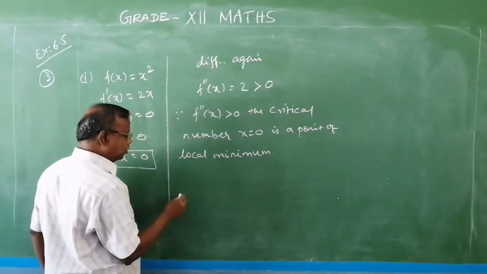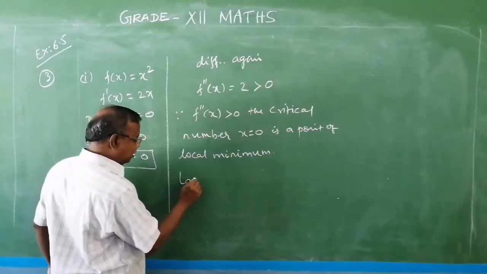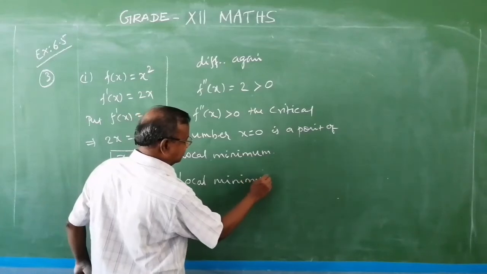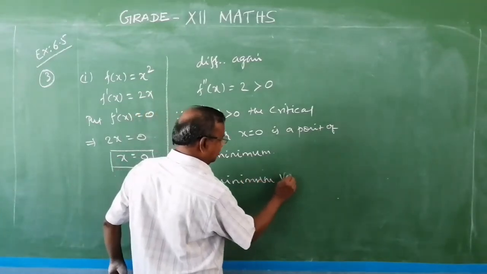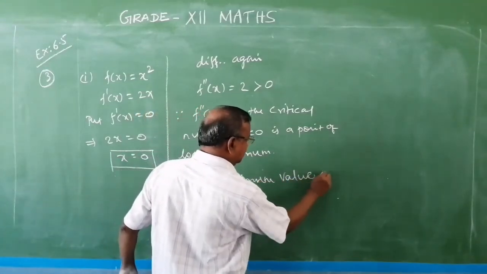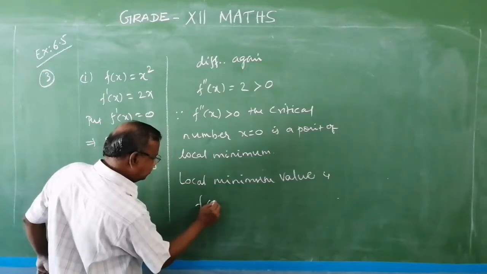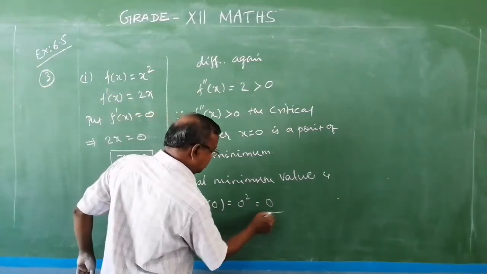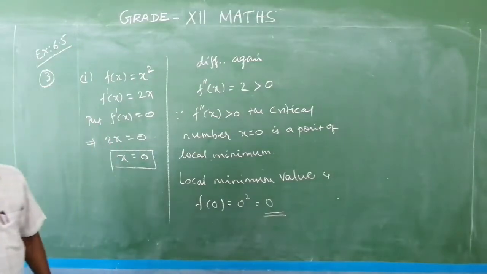Now, the local minimum value is f of 0. f of 0 equals 0 square equals 0. So, 0 is a local minimum value.